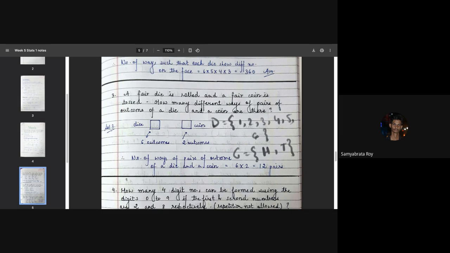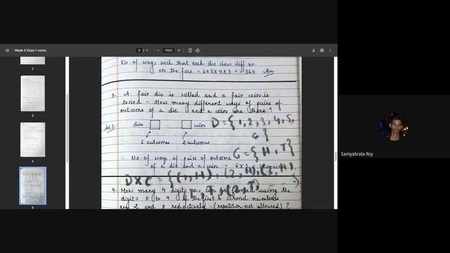What would be our cross product? 1 comma head, 2 comma head, and you can go on like this. And again we'll start with 1 comma tail and 2 comma tail, like this.